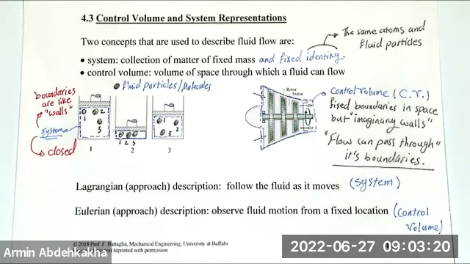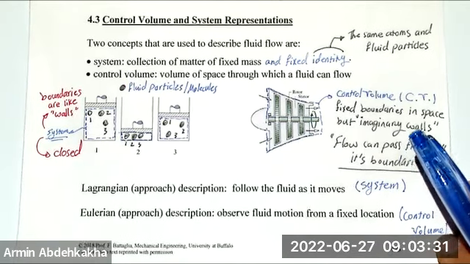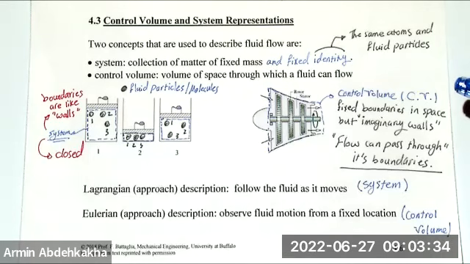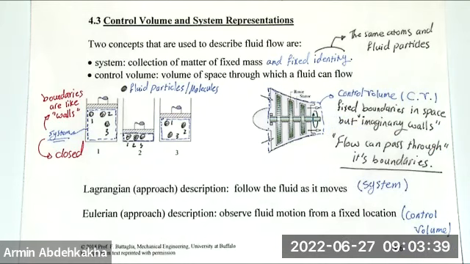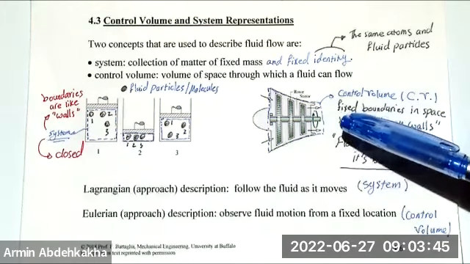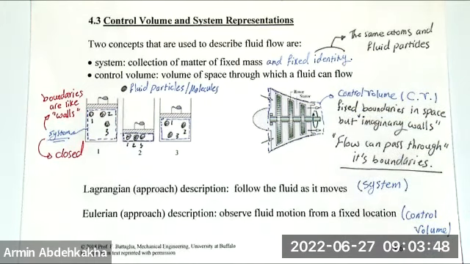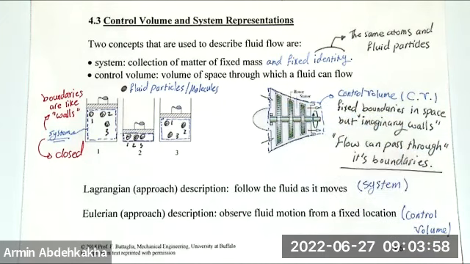So let's talk about the control volume and system representations that give us the meaning behind the Reynolds Transport Theorem. As you may know, when we study fluid that is moving or at rest, we need to sketch a control volume or boundaries that define where we are going to do the study, right?